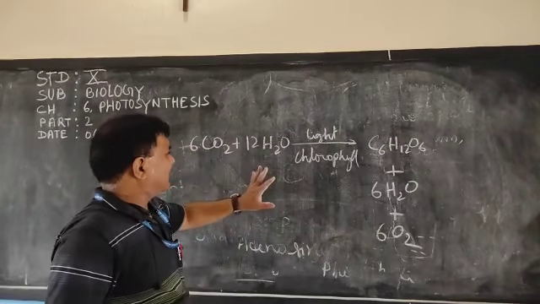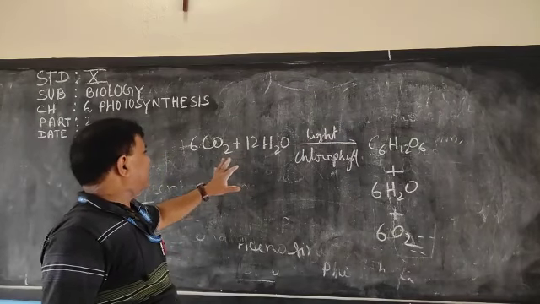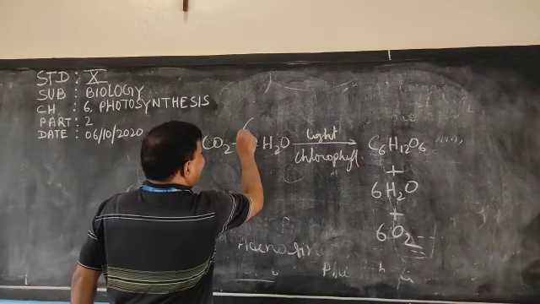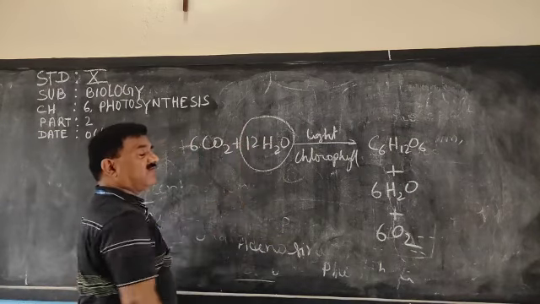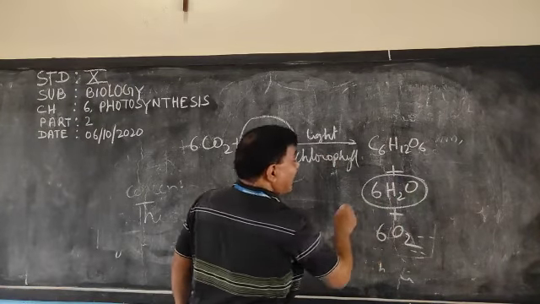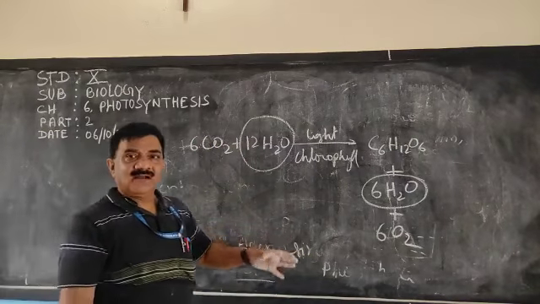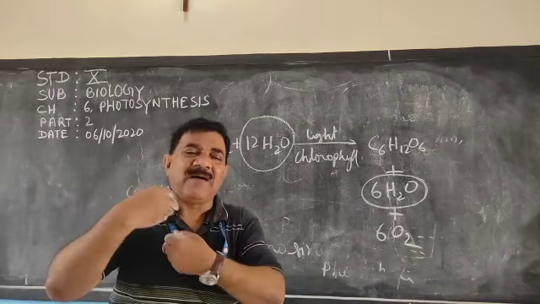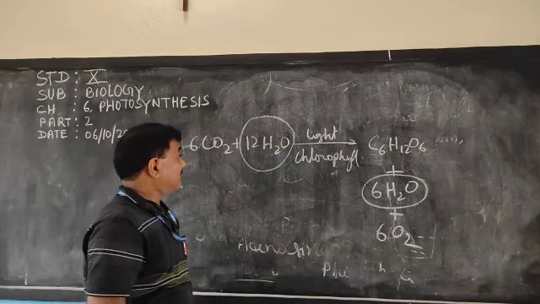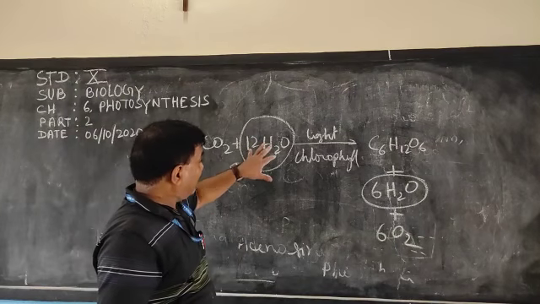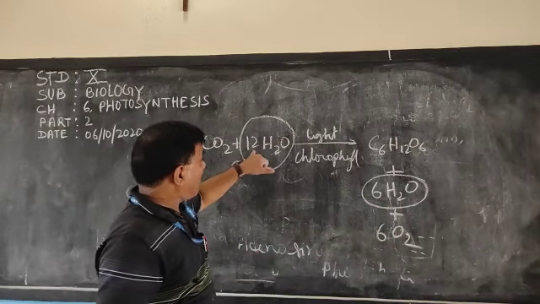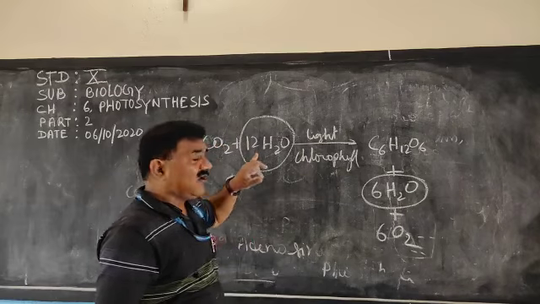Now, that part is clear. We have understood that this is the balanced chemical equation. My question: 12H2O, 12 molecules of water are required, and you can see 6 molecules of water are released. Means taking 12 and releasing half? No, that is not the answer. It is taking 12 molecules of water for photosynthesis, and this released water is not part of the original water.